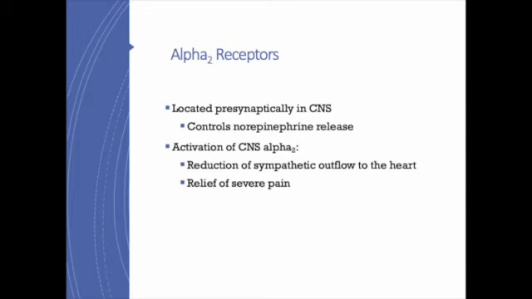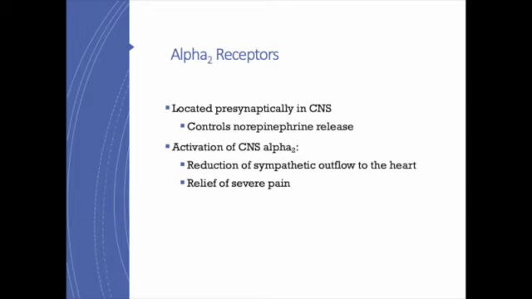However, if we contrast this to an alpha 2 receptor in the CNS, it has a very great clinical significance. If you activate a central alpha 2 receptor, it can produce two useful effects. We can reduce the sympathetic outflow to the heart and the blood vessels. We can also relieve severe pain.